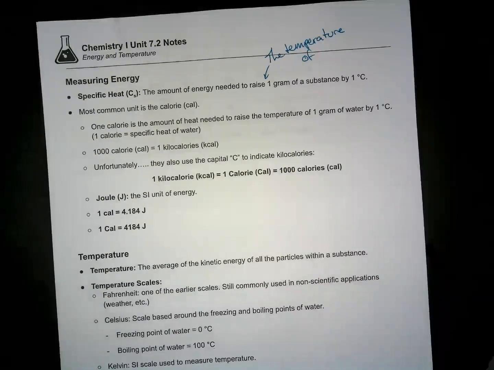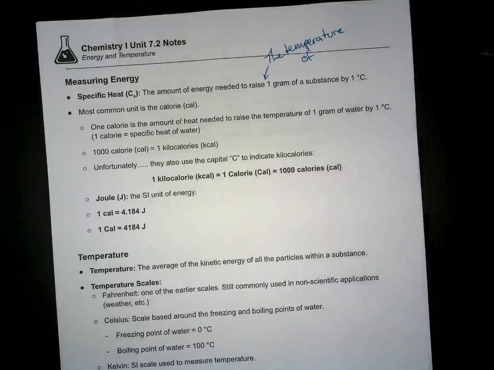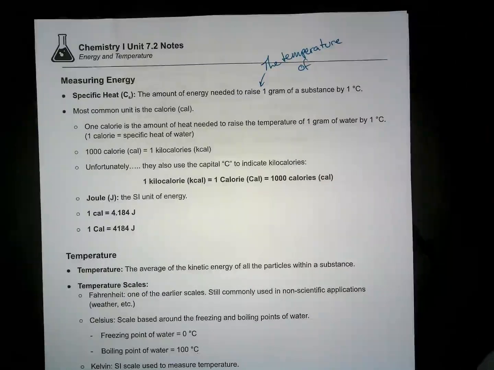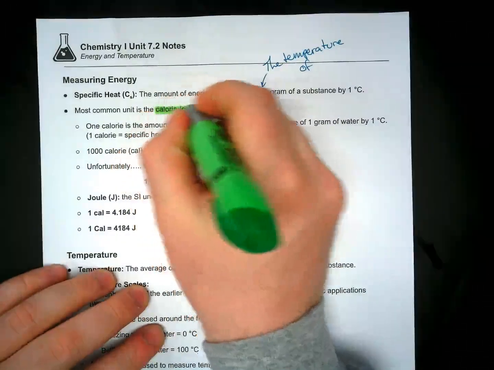I know it's kind of weird just verbally, but it'll make more sense as we practice. So again, it's the amount of energy needed to raise the temperature of 1 gram of a particular substance by 1 degree Celsius. The most common unit we use is the lowercase calorie, and I'm going to explain why it's lowercase.